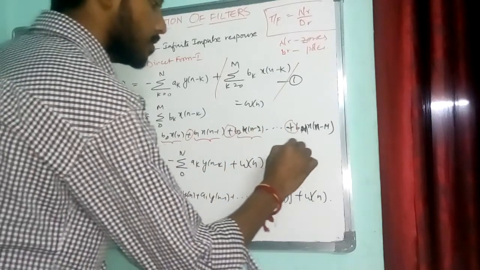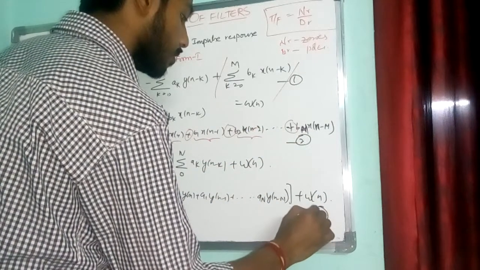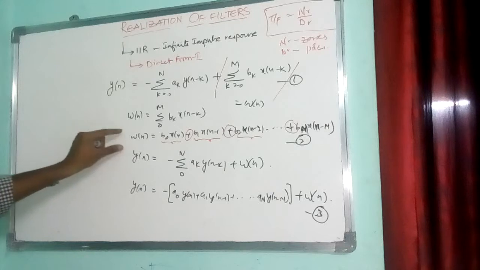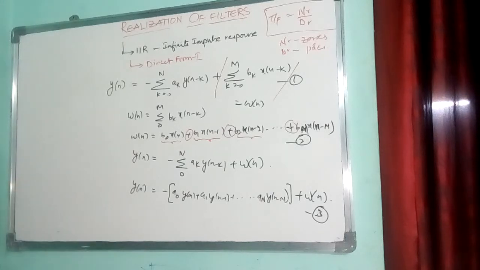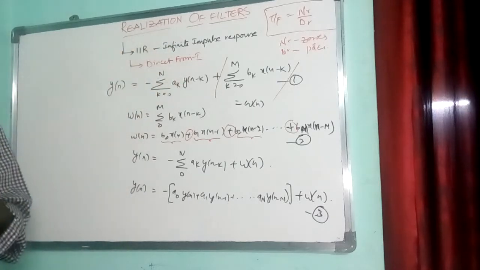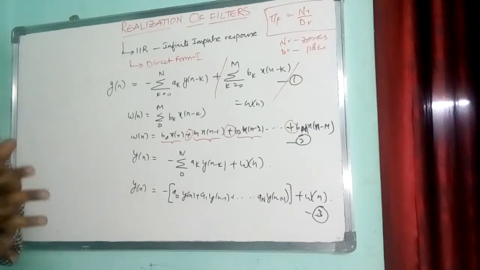This is my second equation, and this is my third equation. If you apply Z transforms to 2 and 3, you can construct the delay filters and realize this IIR filter.